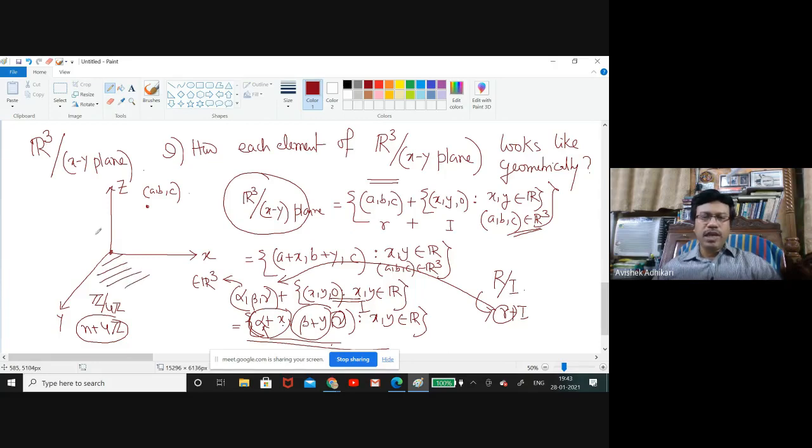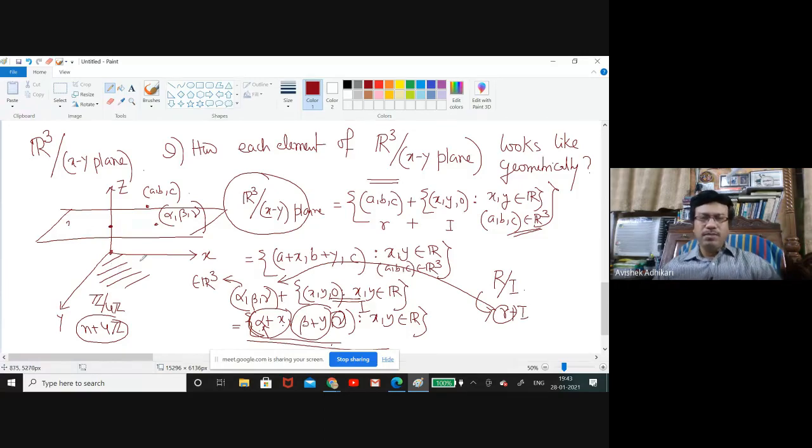So if your point is alpha, beta, gamma, then this is the plane which passes through gamma. So this coordinate, you can say, is 0, 0, gamma. So the plane passes through this point as well, and this is parallel to the xy plane.